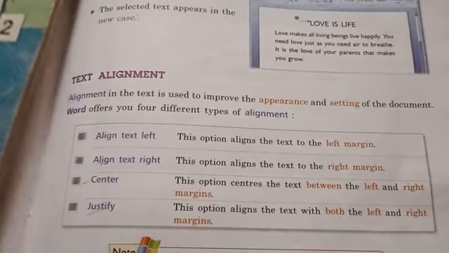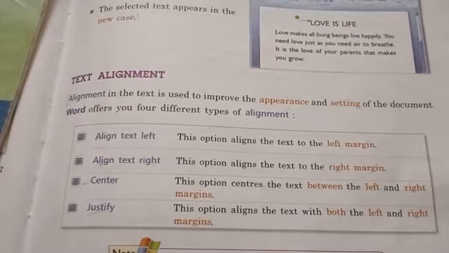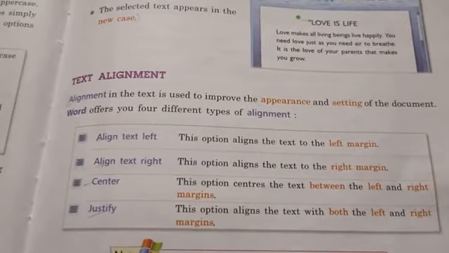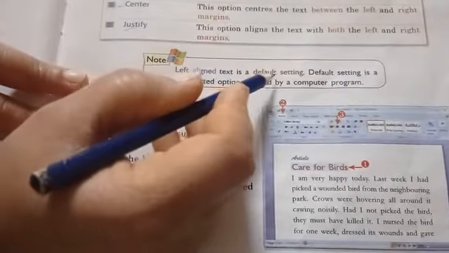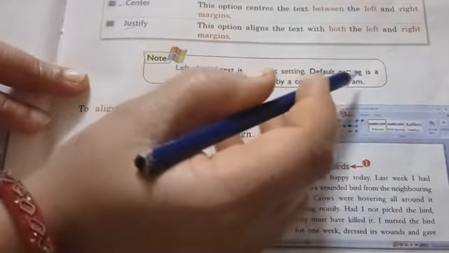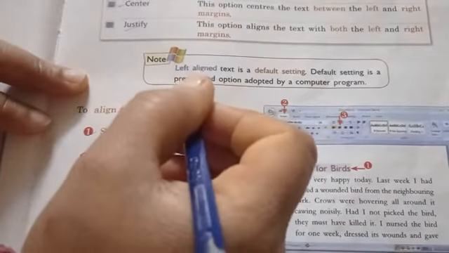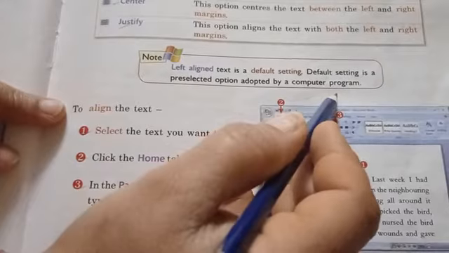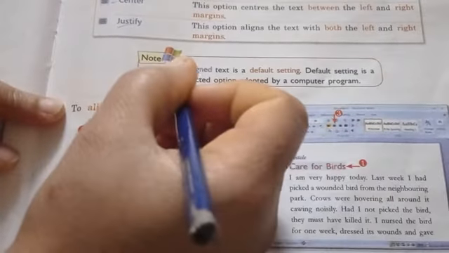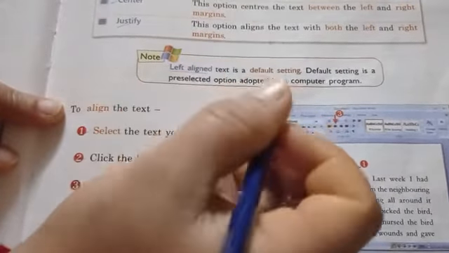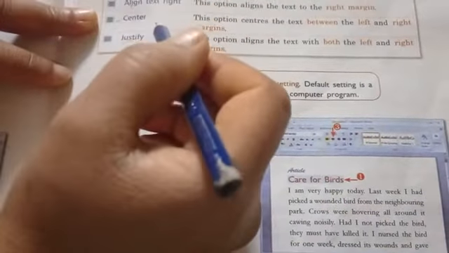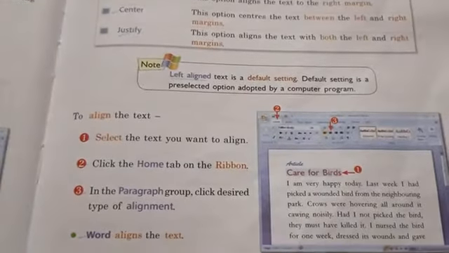On both sides your text will be on both the left and right margins. Next, left aligned text is a default setting. Default setting is a pre-selected option adopted by a computer program. Means you do not need left alignment because it is already set by default. If you have changed it, then you have to select it.